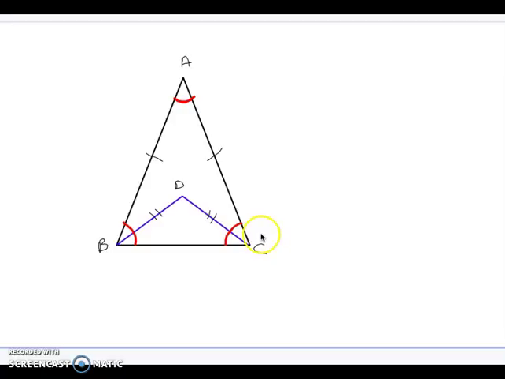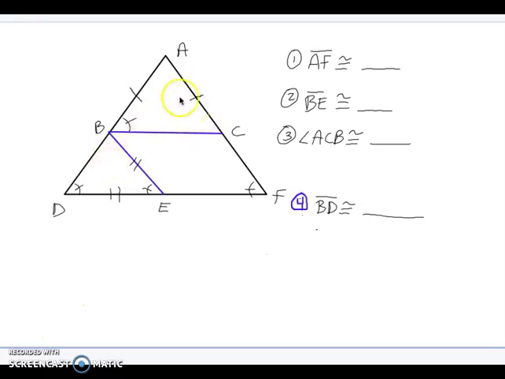Then if I look at triangle BDC, that in itself is also an isosceles triangle, and this angle and this angle are its base angles. Just make sure you pay attention when one triangle is inside of another. Pay attention to which ones are the base angles.